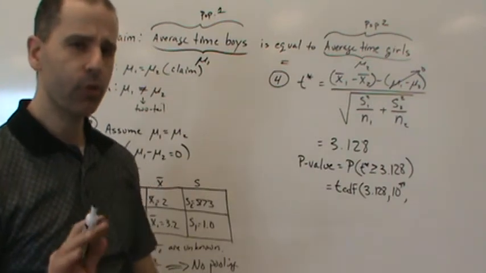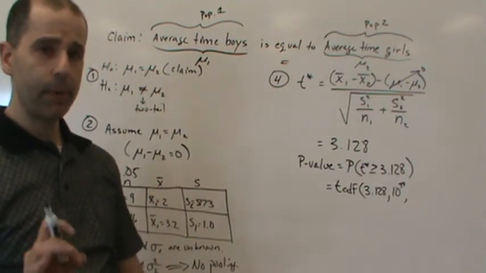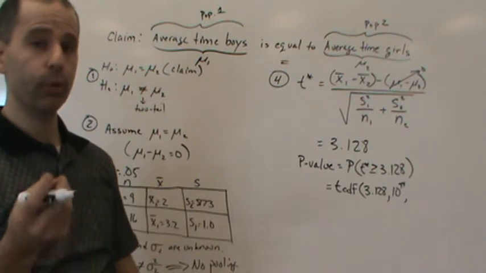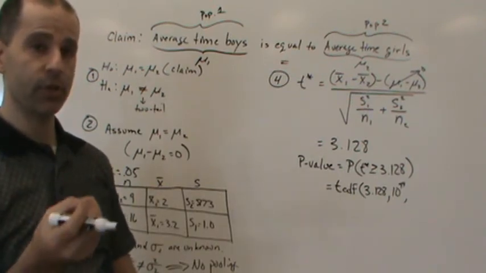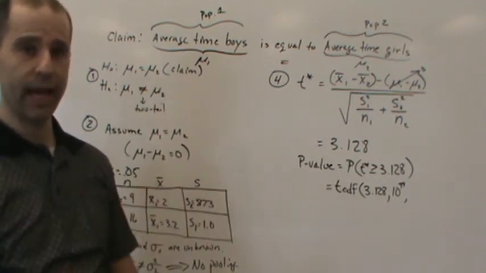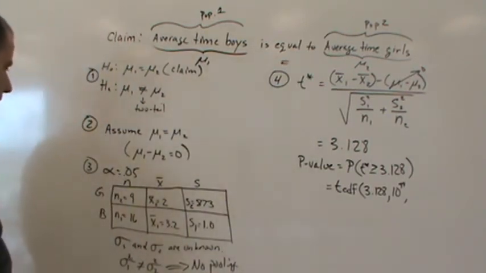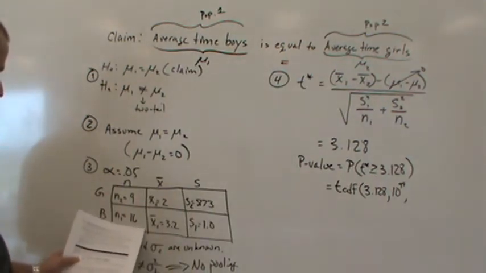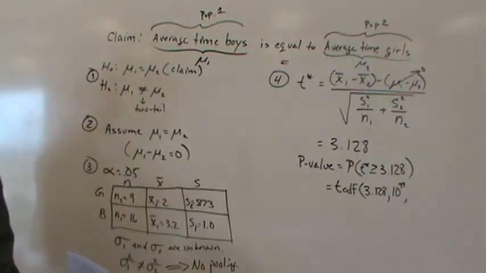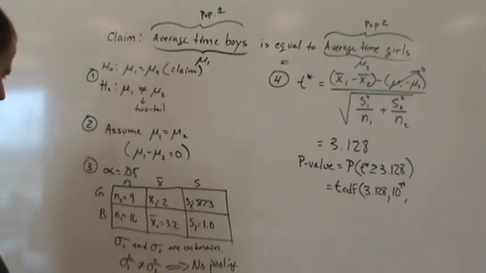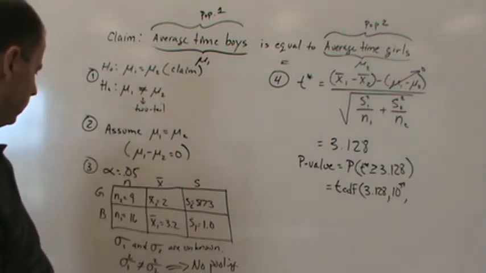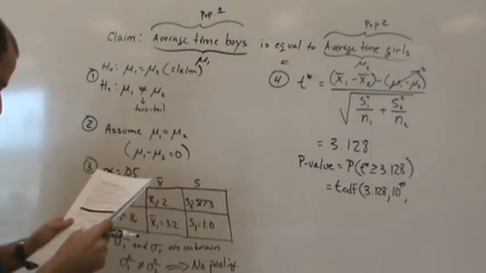Here's the rule of thumb that you can use. Typically, instead of using that calculation, we'll use the degrees of freedom of the smaller sample as a conservative estimate. Did I say smaller? Hold on, let me check. Yes, I believe it's the smaller.